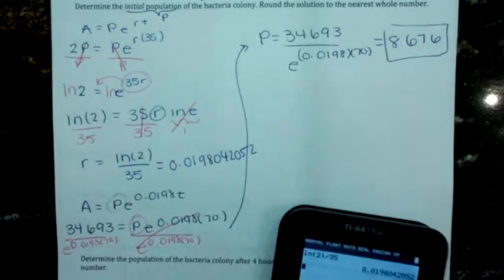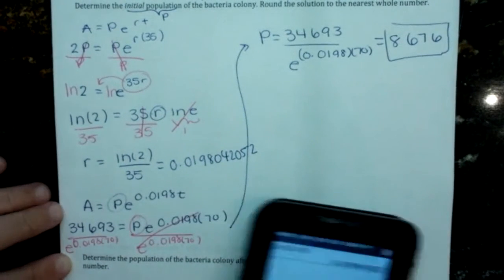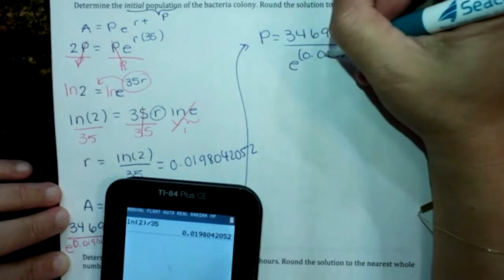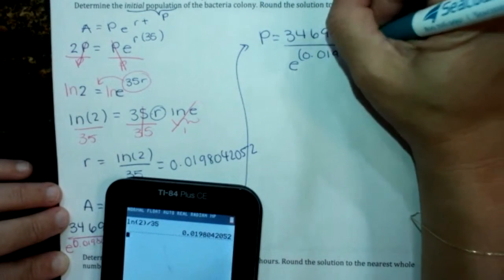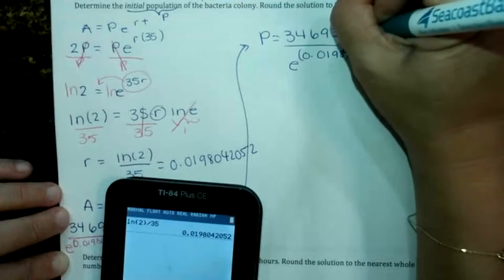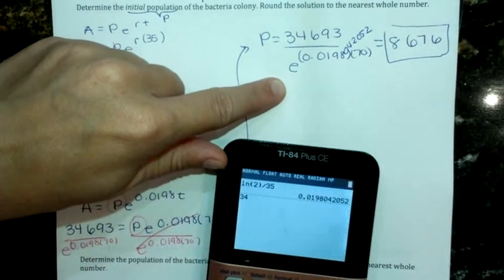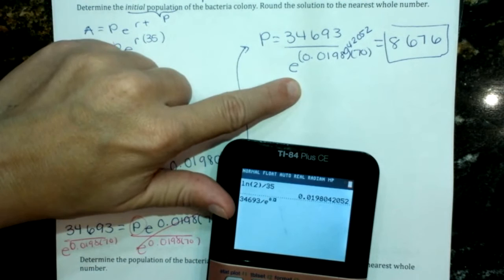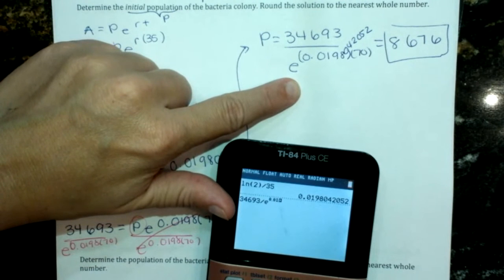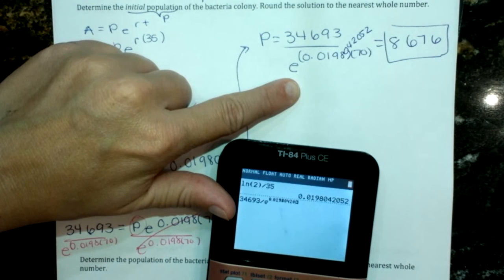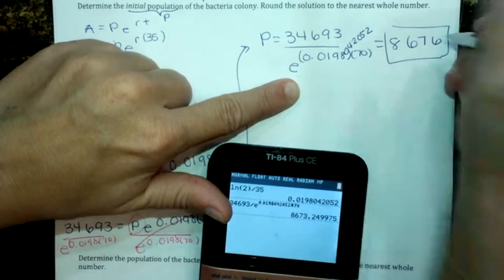I know it's super annoying, but because then whenever we divide, this number here is 0.0198042052. Now when we divide it, 34693 divided by second E to the 0.0198042052 times 70, it gives us a little bit different answer.